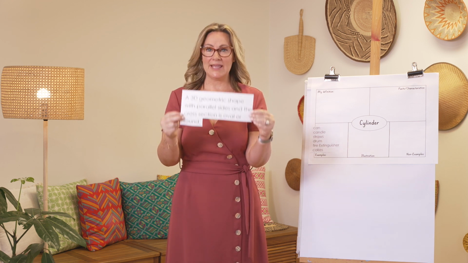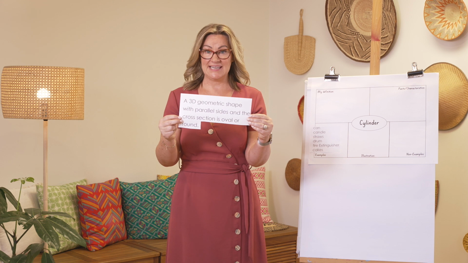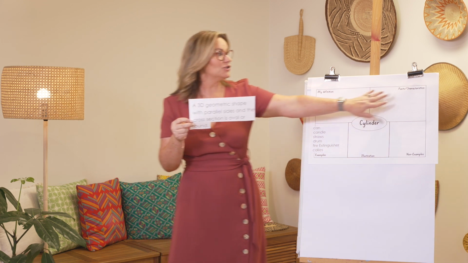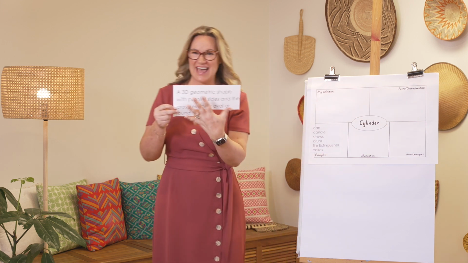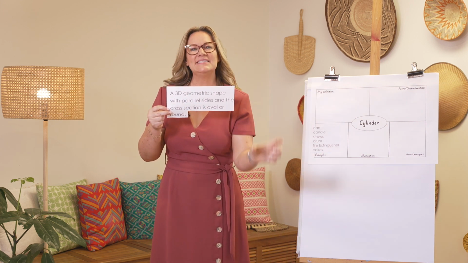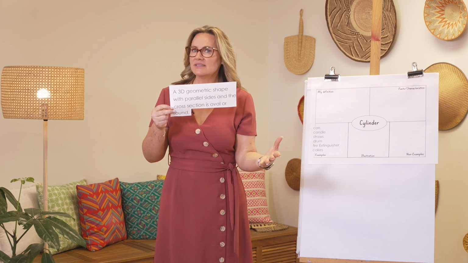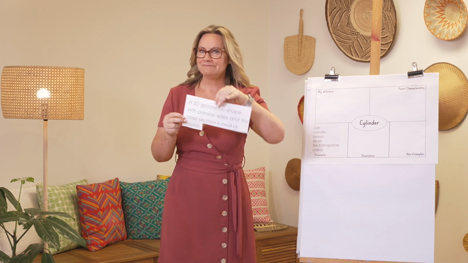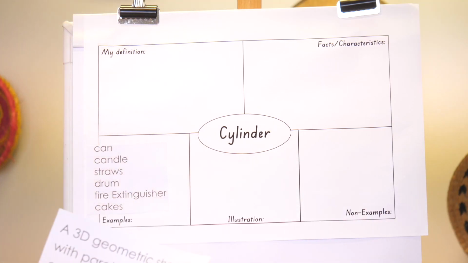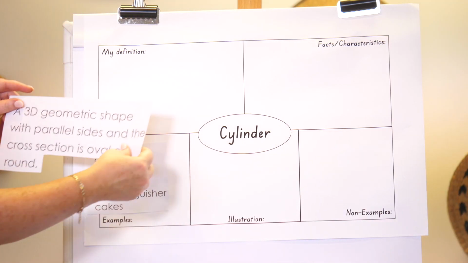It's telling me what a cylinder is. It's giving me some characteristics because you need that in a definition, but it's not giving me a list of characteristics or facts. So where does this best fit? Non-examples? No. What was it again? Definition.